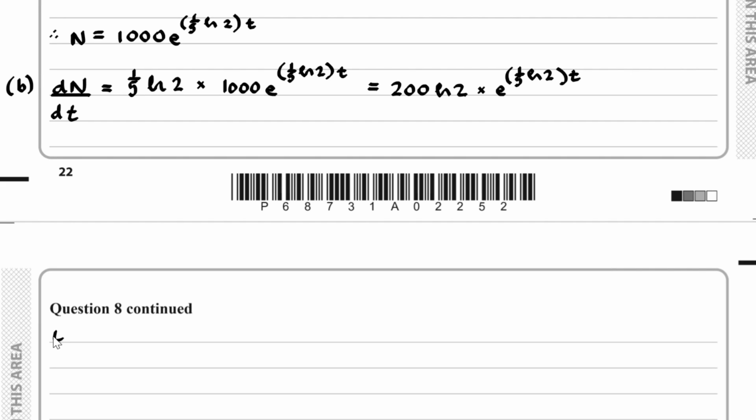Now when t is equal to 8, of course we have 8 hours, dN over dt is equal to 200 times the natural log of 2 multiplied by e to the power of 1/5 times the natural log of 2 times 8.